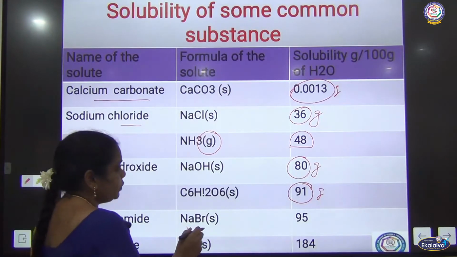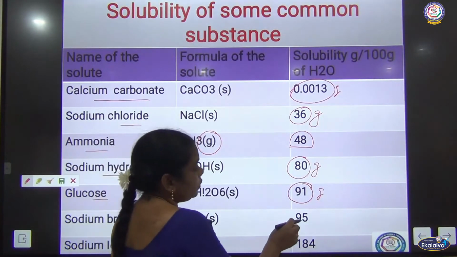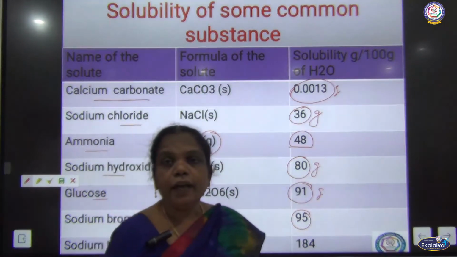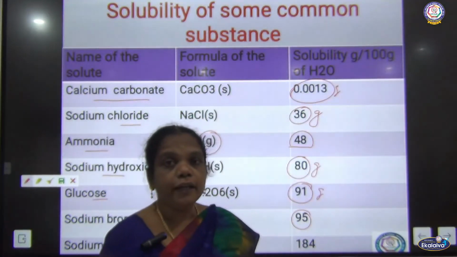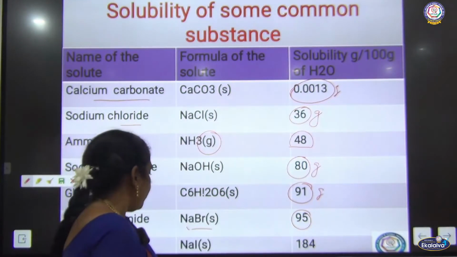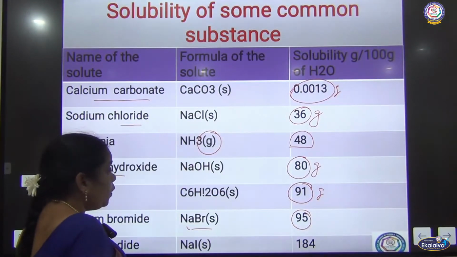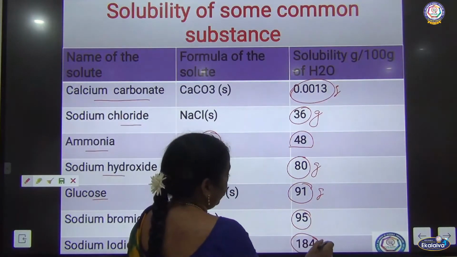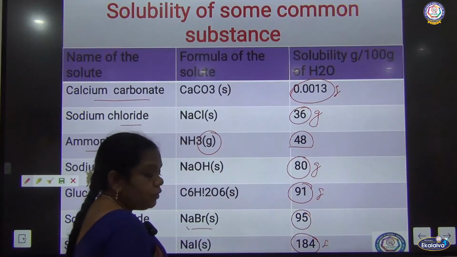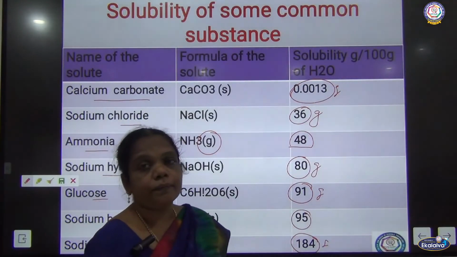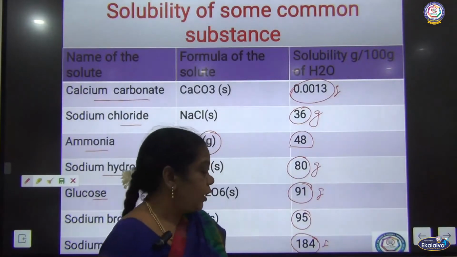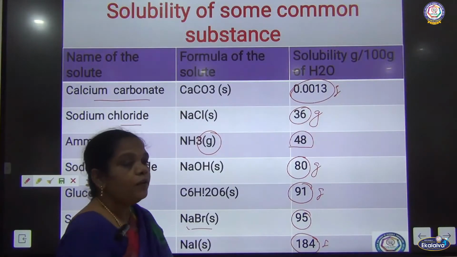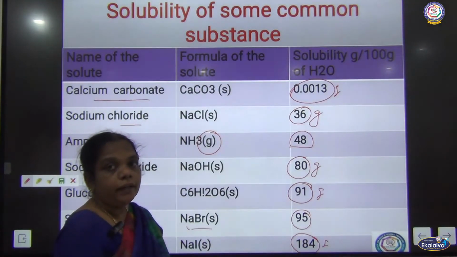Sodium bromide is also a solid substance, we are able to dissolve 95 gram of sodium bromide in 100 gram of water, and then sodium iodide, you see a higher, greater amount, about 184 gram of sodium iodide can be dissolved in 100 gram of water.